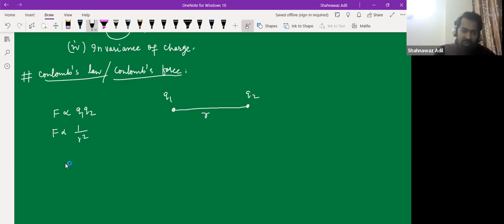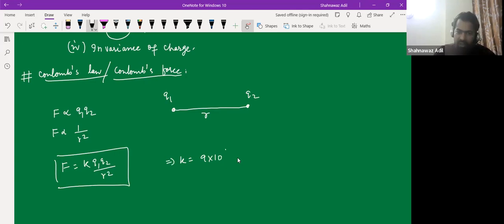If we remove the proportionality we get a constant k, which is 9 into 10 to the power 9 newton meter squared per coulomb squared.